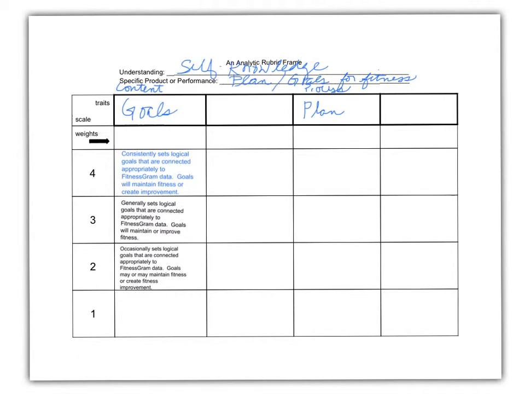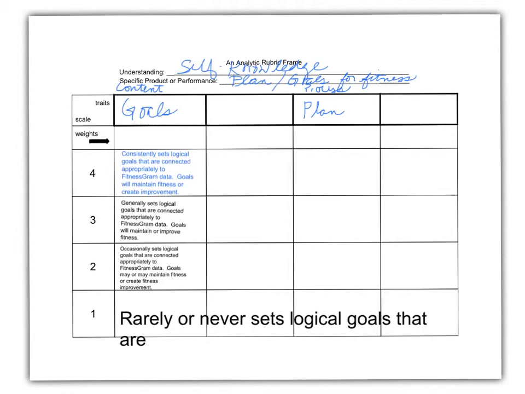My last one then, you can see how our continuum of learning gets a little bit less here. I think here we'll use the rarely. Rarely or never sets logical goals that are connected appropriately. I have a hard time typing that word. To fitnessgram data.